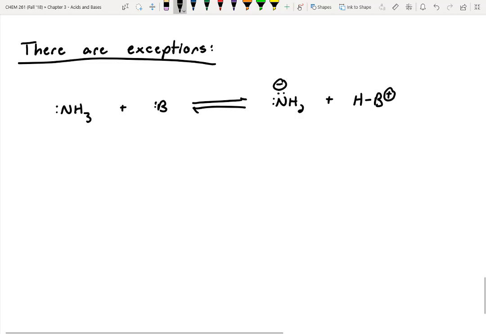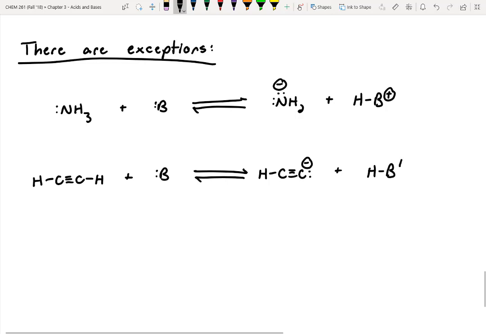And let's compare this to a second completely different molecule. We'll do acetylene again. And with acetylene, you can pluck off one of those protons off of one of the terminal carbons. That gives that carbon a negative charge, and we end up with our conjugate acid.